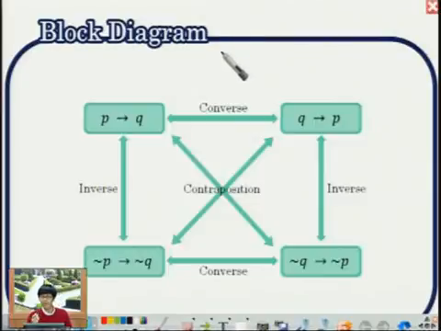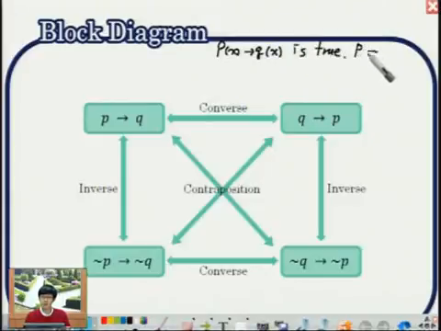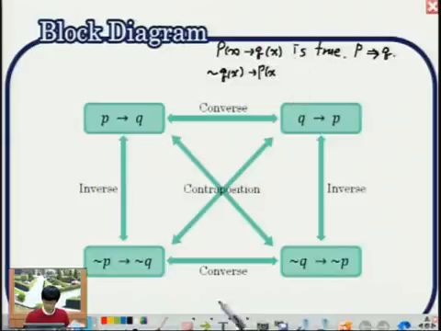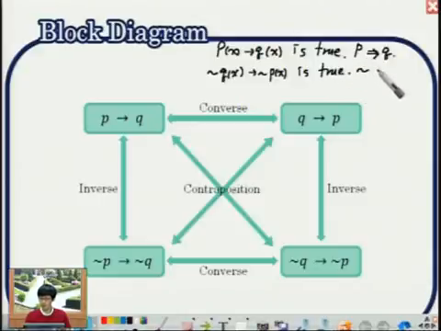The last but most important thing in this slide is if P to Q is true, which means that P double-sided arrow Q is true, then the contraposition of this proposition, not Qx to not Px, is also true, which means not Q.